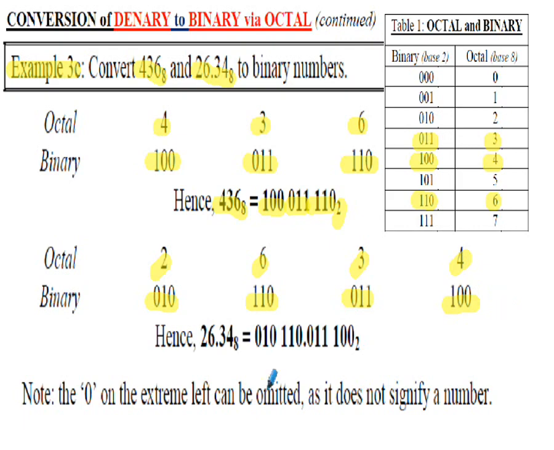So we can immediately write down the conversion: 26.34 in octal is, in binary, 010 110.011 100 in base 2. Just notice for reference that the 0 at the extreme left of the number can be omitted as it doesn't signify a number. So again, quite a straightforward process to convert from octal to binary using table 1.